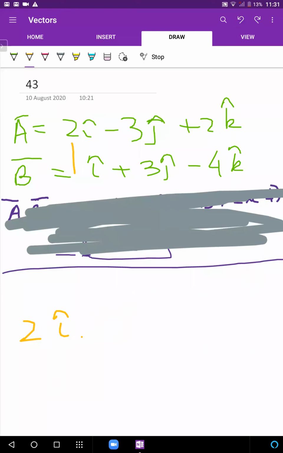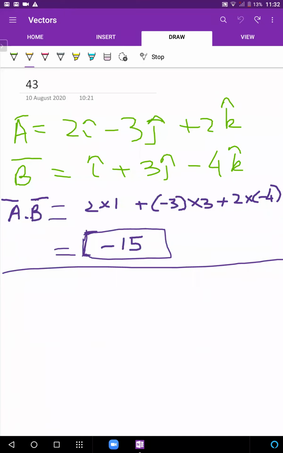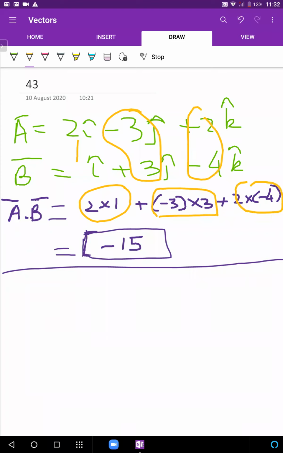You're left with 2. Okay, so all those who have answered minus 15, you're correct. You're left with 2 into 1 plus, इनको properly multiply कर लो, minus 3 into 3. Okay, that's 9. Minus 9, sorry. And then 2 into minus 4, that's minus 8.